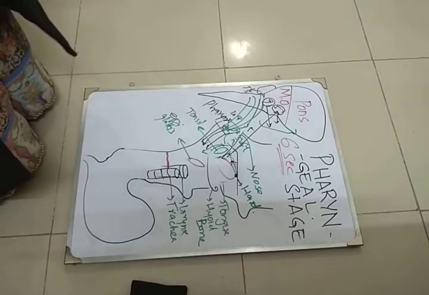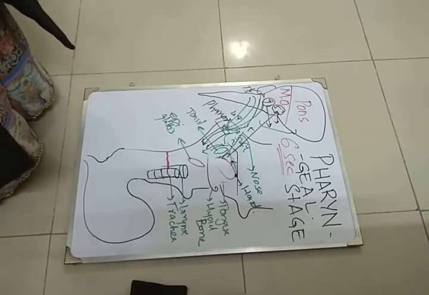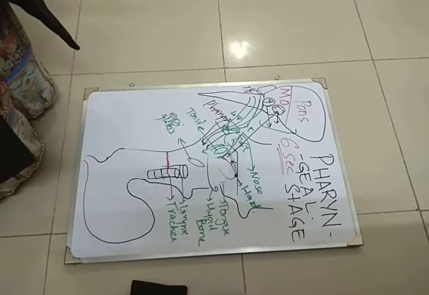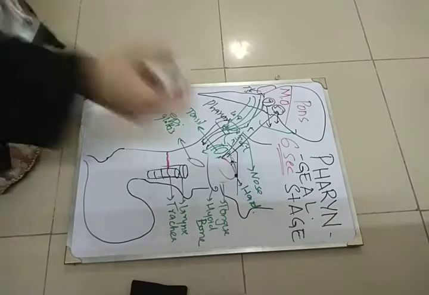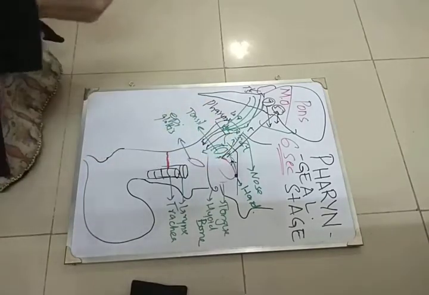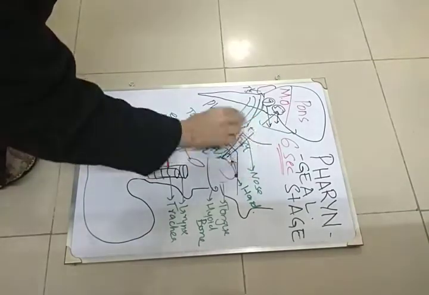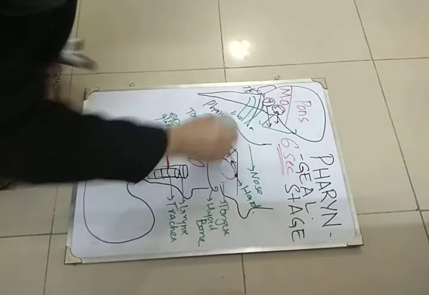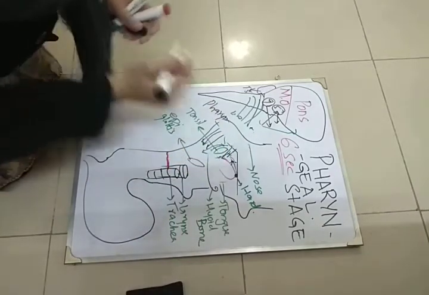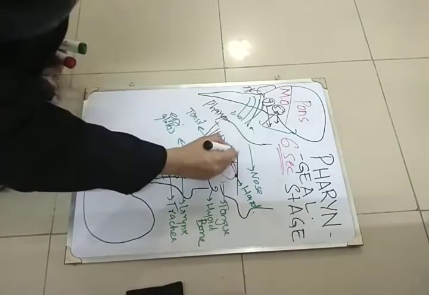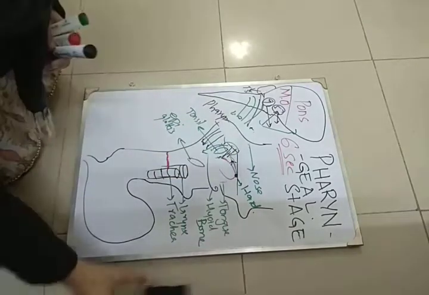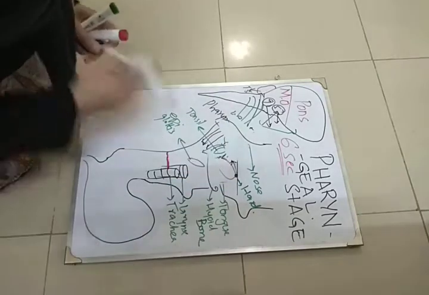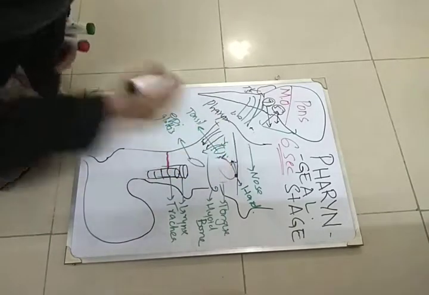Now, the bolus has reached the pharynx and the nerves have also reached the pharynx. So, the soft palate, which is this one, will move upward. To clarify it, I am removing these nerves. So this was the soft palate, this one. And now it will move upward. We will move it upward like this.